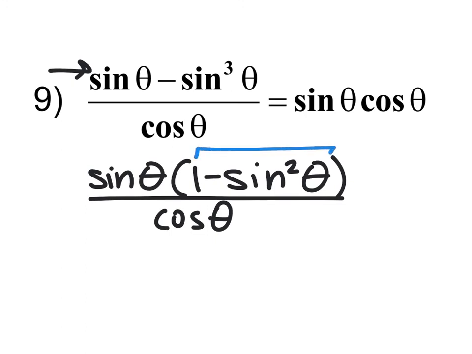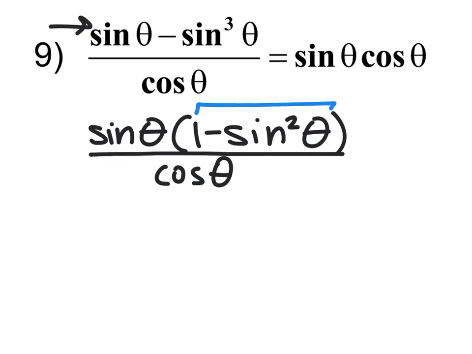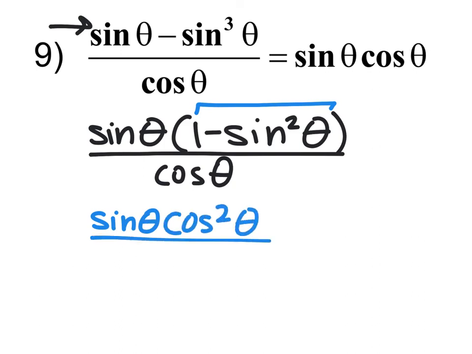This is equal to cosine squared. Okay, so I'm going to rewrite this. Sine theta times cosine squared theta all over cosine theta. So look, this cosine on top, there's two of them. One of them will cancel with the one on the bottom, and guess what, guys? I'm already done.